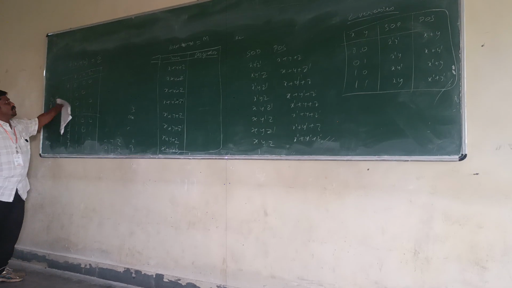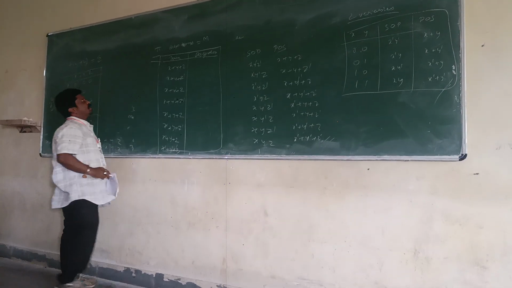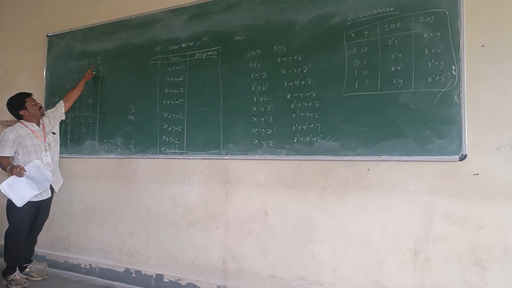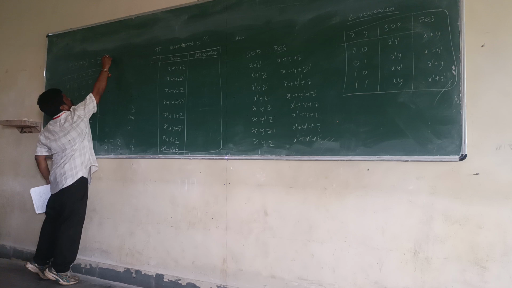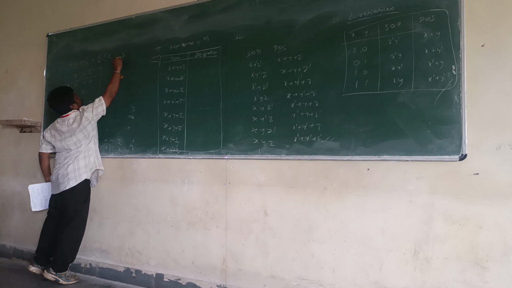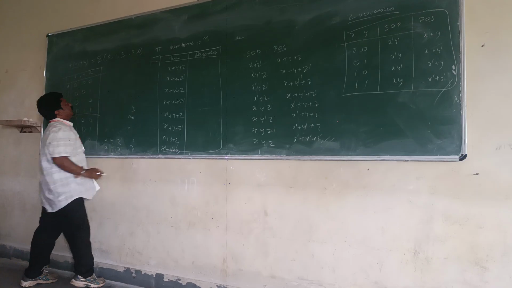You should remember that for the POS form I will be considering pi, but for the SOP form I consider the summation, with 0, 1, 3, 5 and 6. This is just to write these things.